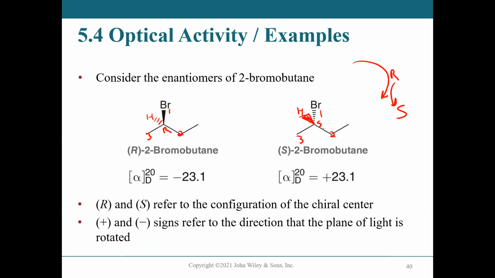And remember, I told you just because it's R doesn't mean it's going to change light in the positive direction. Here we see that we're changing light to the left. So that's levorotatory. They talk about that in the next slides, but we can put it right here. This is levo. This is dex.